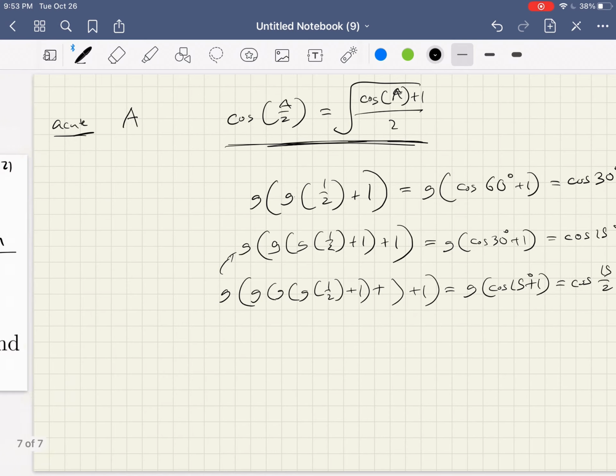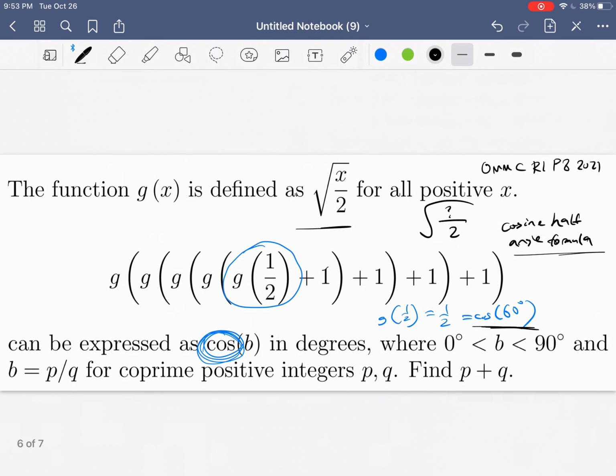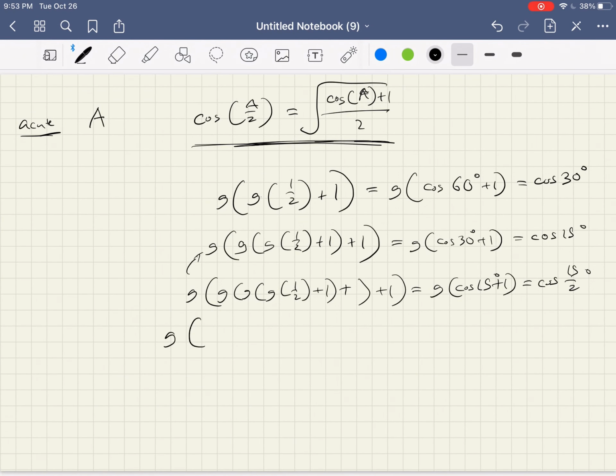And for our last iteration, I'll just write an arrow to show that this goes here. Plus 1 equals g of cosine of 15 over 2 plus 1 equals cosine of 15 over 4 degrees.